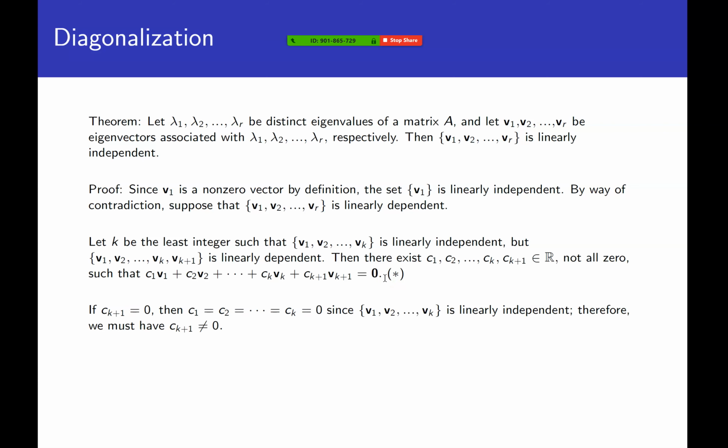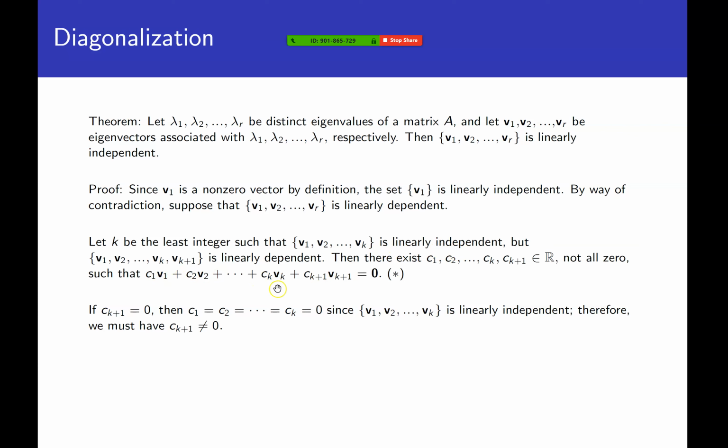All right, so if it turned out that c_{k+1} was zero, then this vector, c_{k+1} v_{k+1}, would go away, which would mean that then we would have a linear combination of v1 out to vk that gives us the zero vector. But remember, we were saying that set's linearly independent.